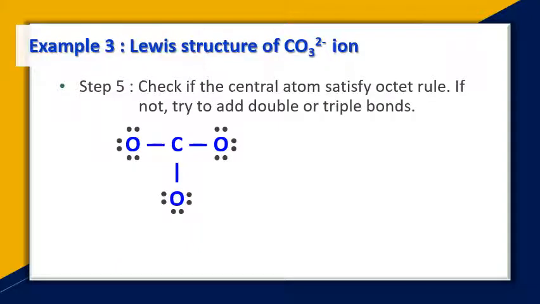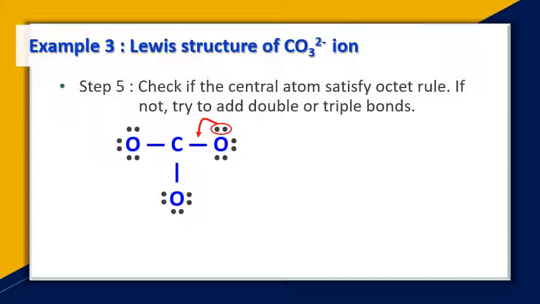Final step is to check if the central atom has satisfied the octet rule. If not, try to add double or triple bonds. Since all the oxygen atoms have 8 valence electrons, they satisfy the octet rule. But for the carbon atom, there are only 6 valence electrons.